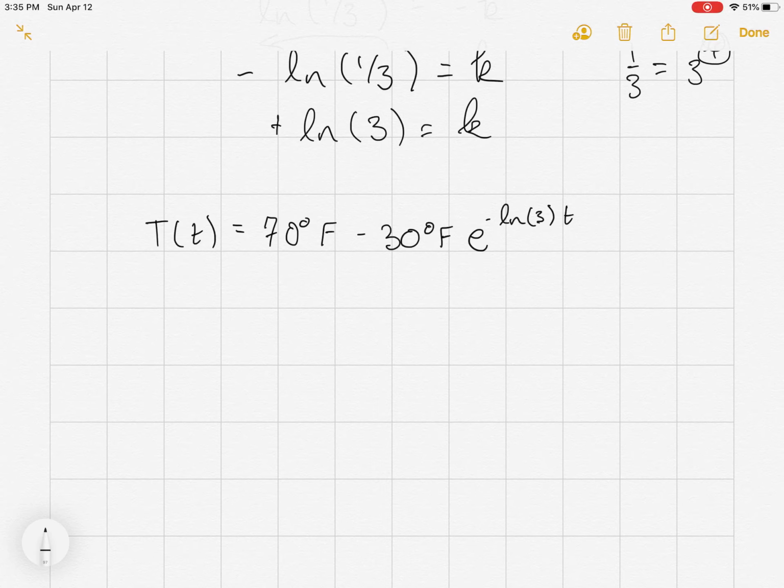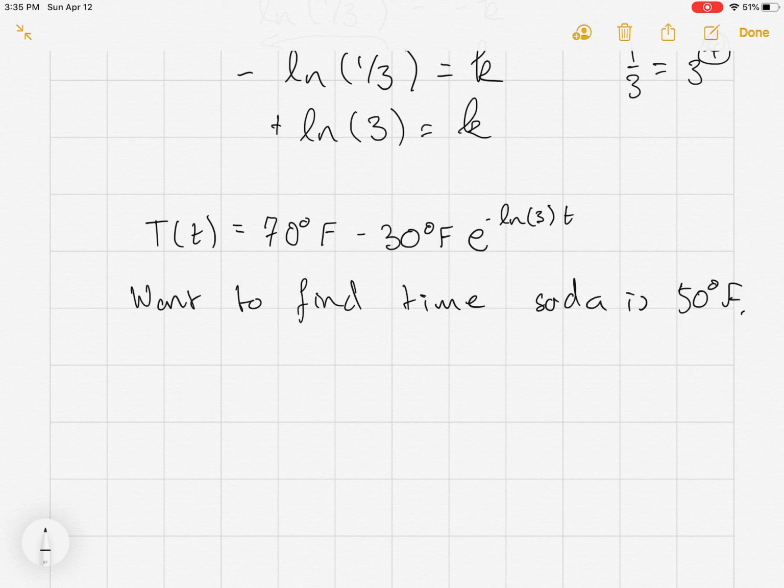All right, and so we can say that I'm not willing to drink my soda anymore after it's 50 degrees Fahrenheit, right? So let's say that we want to find the time when the soda is 50 degrees, because after that, I don't want to drink it anymore, so I want to make sure I drink it before that 50 degrees happens, right?